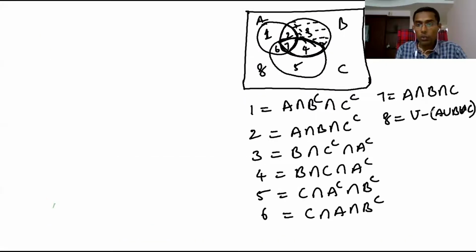So 8 means A union B union C whole complement. 8 is this.